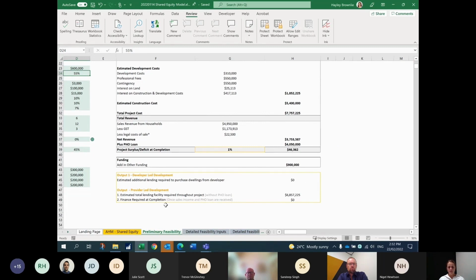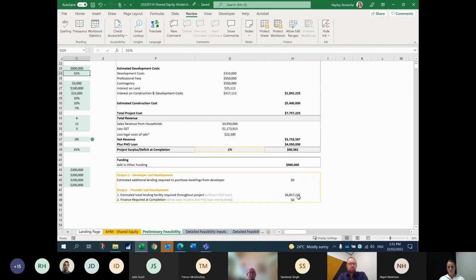If the provider was undertaking the development, we've provided an estimate of the total lending required throughout the project on a worst case scenario. So that's without the PHO loan funding and without the sale of the household share, anticipating that will come in at the end.